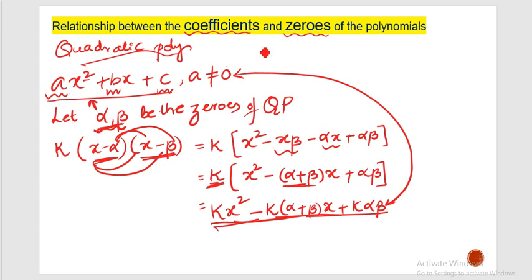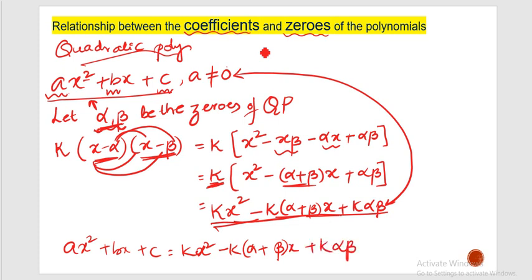So how to equate? ax square plus bx plus c is equal to kx square minus k into (alpha plus beta) into x plus k times alpha beta.